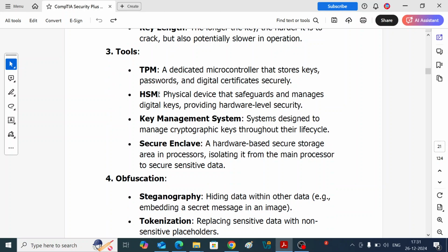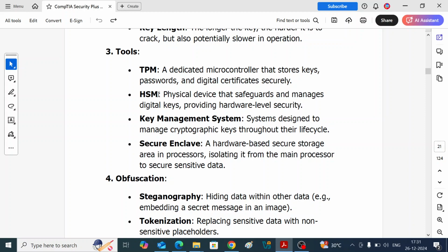Tools. The first tool that we are going to discuss in encryption is TPM. Just give me a second, I had something written about it. All right. TPM is basically Trusted Platform Module.